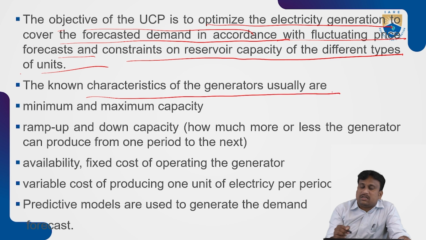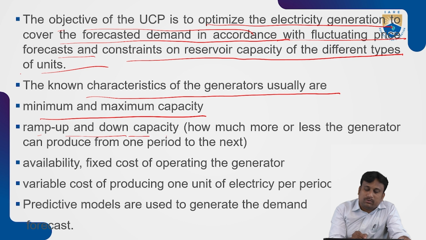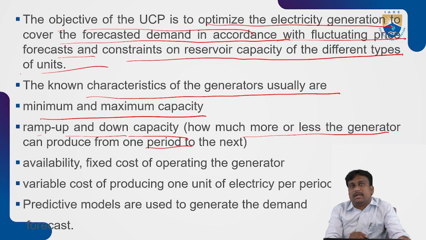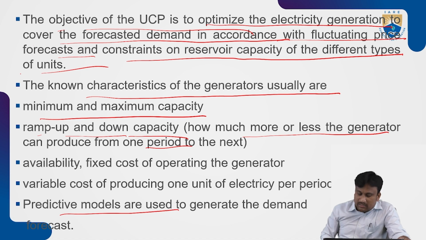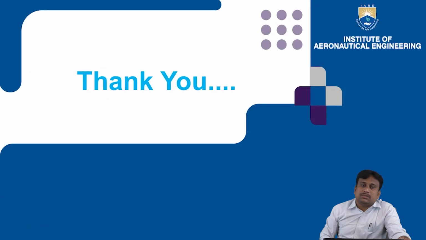The known characteristics of the generator are usually minimum and maximum capacity, ramp up and down capacity, meaning how much more or less the generator can produce from one period to the next, and availability, fixed cost of operating the generator, variable cost of producing one unit of electricity, and predictive models used to generate the forecast of the thermal scheduling process. Likewise, we can utilize the unit commitment problem with these thermal scheduling processes according to the generators connected to the power system network.